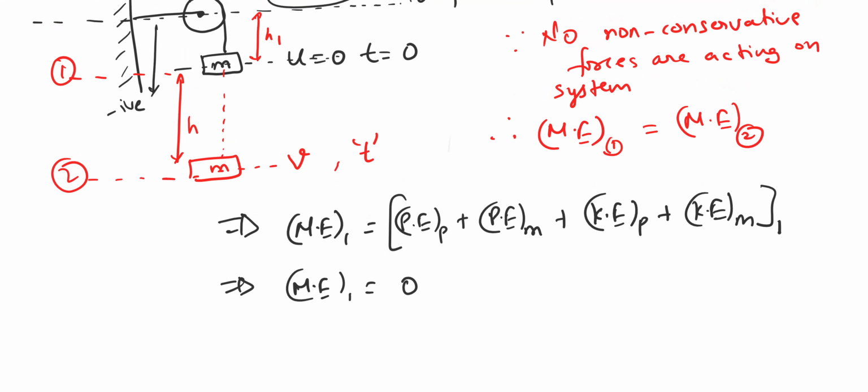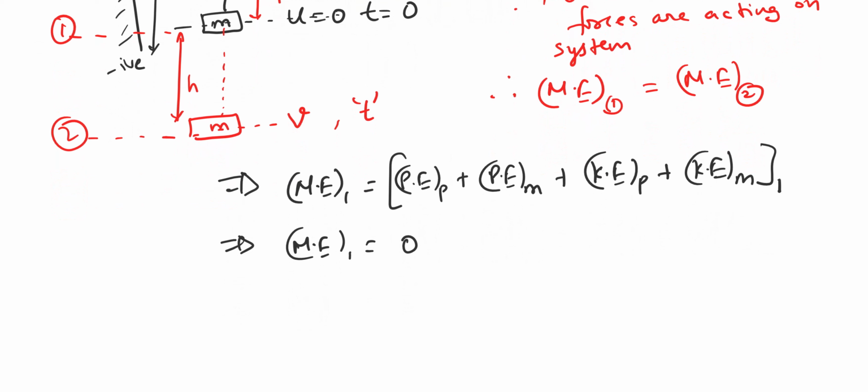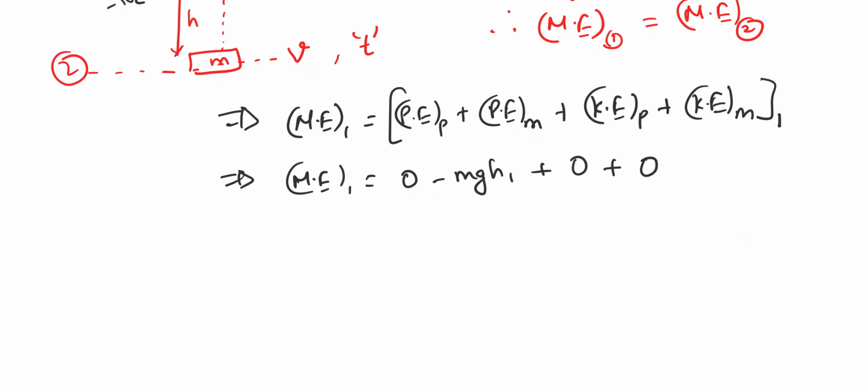The mass is down by height h1, so we have minus mgh1. Kinetic energy of the pulley and of the mass are both 0 because the entire system is at rest. So mechanical energy at position 1 is minus mgh1.